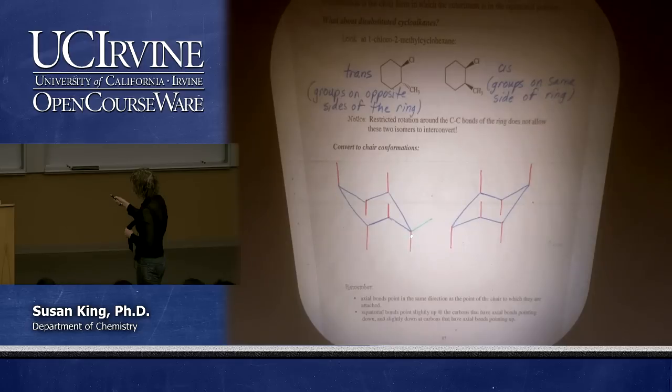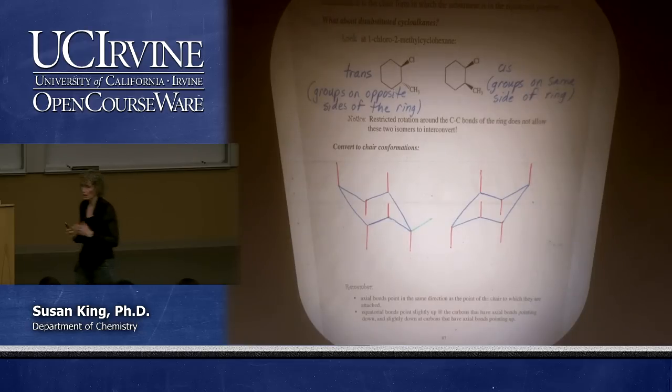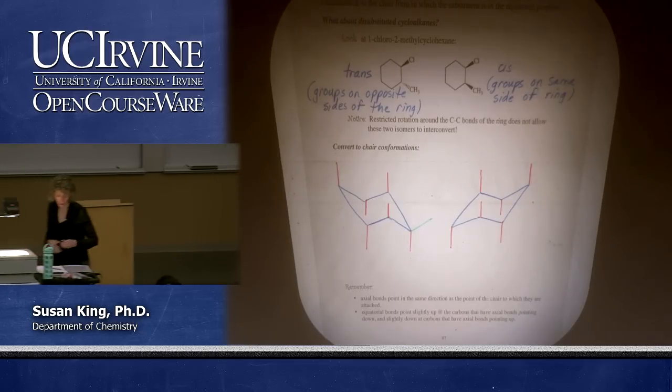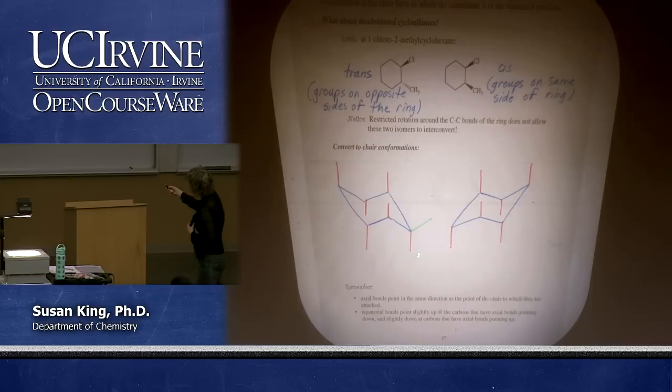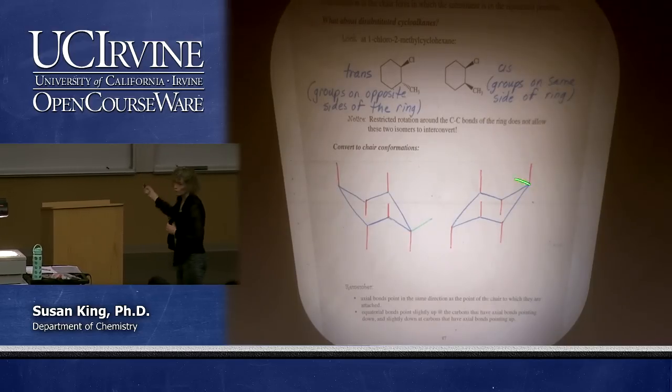One way to think about it is that if there was a mirror plane here, this bond is the reflection of that bond in a mirror. The other way to think about it is to see how this bond right here is parallel with this bond that's one carbon over. So that's two ways to look at the equatorial. The other way to think about it is if the axial's down, the equatorial's slightly up.